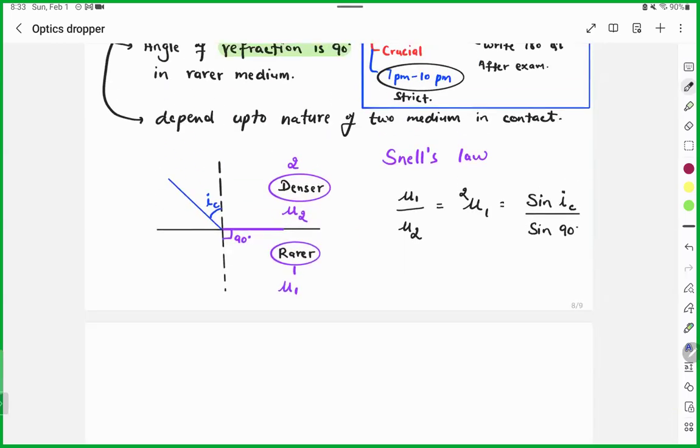And sine 90 is equal to 1. If you want to calculate nu 1 2, which is the inverse of nu 2 1, it will be equal to 1 by sine IC.